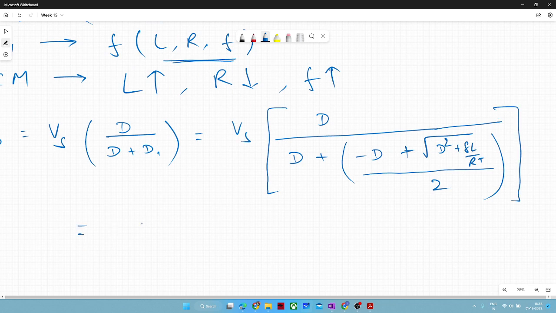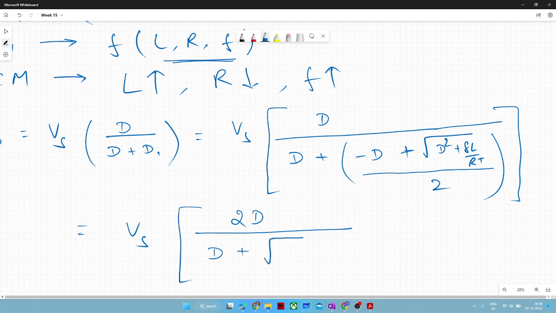It will further get simplified as Vs into 2D divided by D plus square root of D square plus 8L by RT. So this is your final expression.